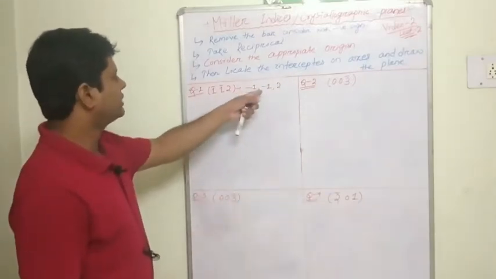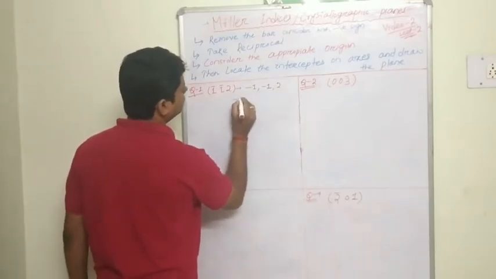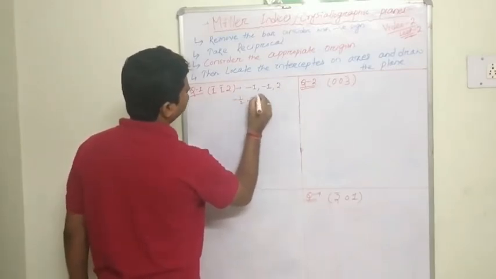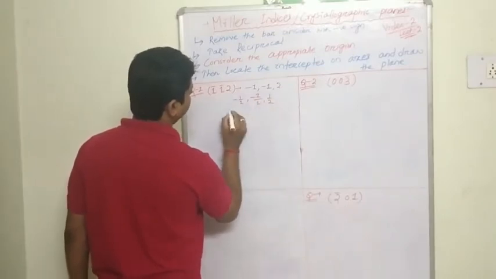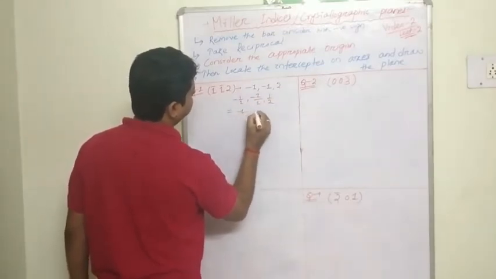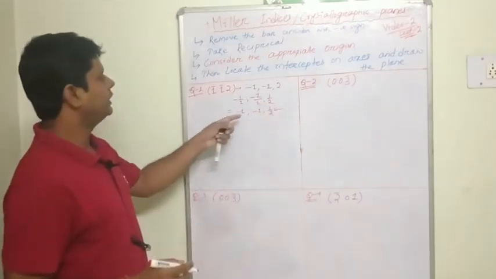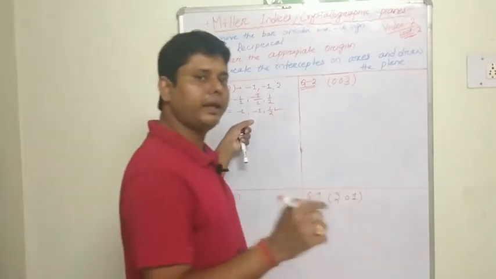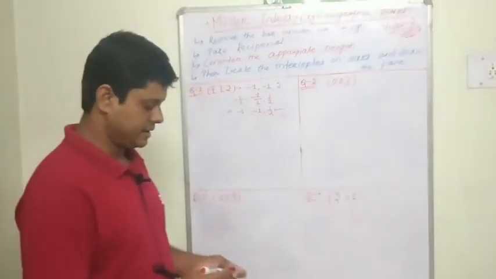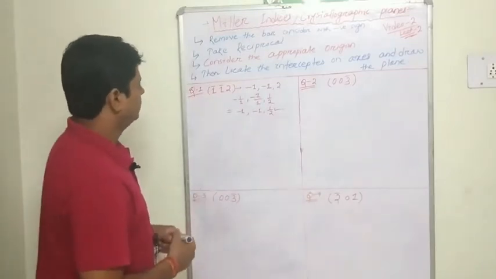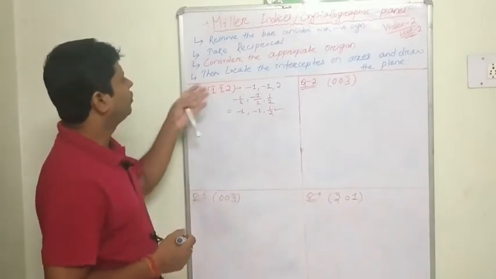Now we take the reciprocal of these values, that will be -1 by 1, -1 by 1, then 1 by 2, which will be equal to -1, -1 and 2. So these are the intercepts of the plane we intend to draw in a unit cell. For that we have to consider the appropriate origin and then locate the intercepts.